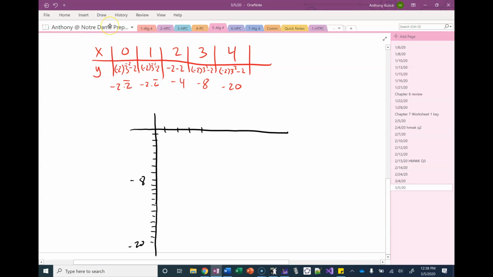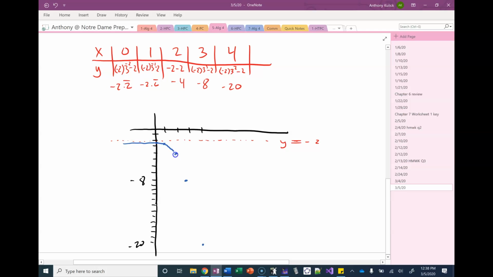The next thing I like to do is draw in my asymptote. So that's the horizontal line that goes through -2. And then we'll start plotting our points. So I have 0 and -2.2, 1 and -2.6, 2 and -4, 3 and -8, and then 4 and -20.